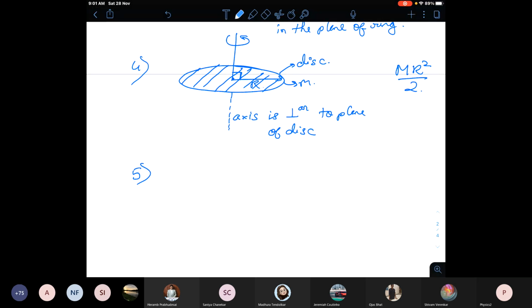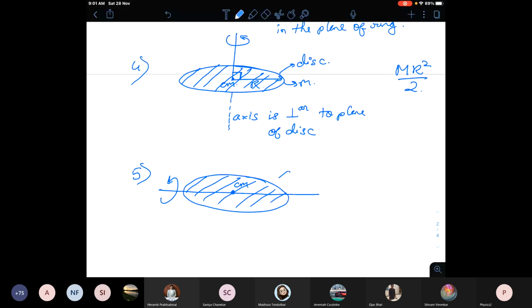So next, if I have a disk, but now my axis is passing through the diameter, same as a ring. The center of mass is here only, but now the axis is passing through the diameter.